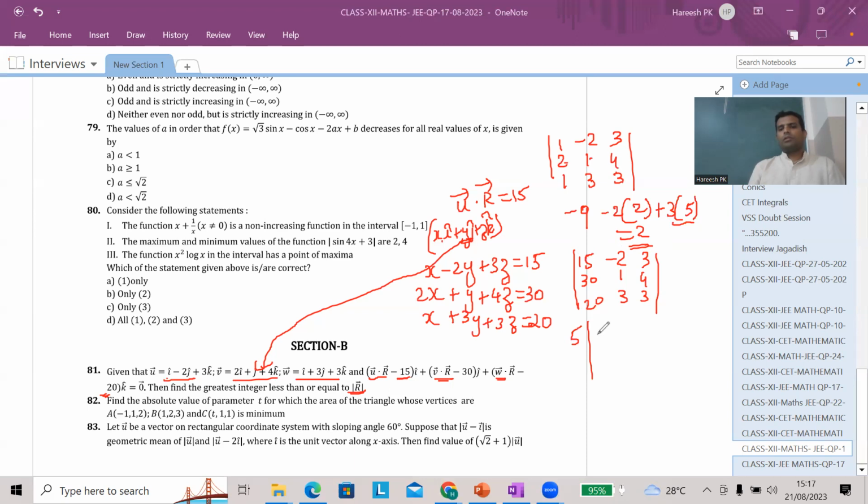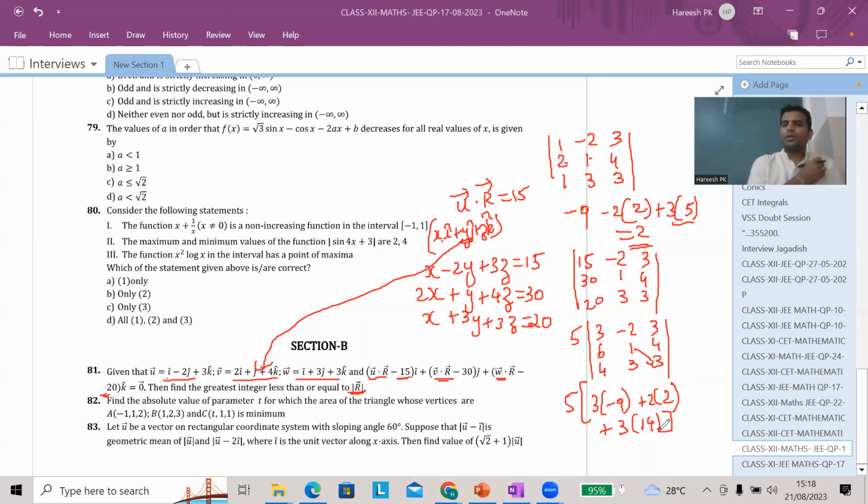So I'll be left with 3, 6, 4, minus 2, 1, 3, 3, 4, 3. So then I'll end up getting 5 into 3 times minus 9, then plus 2 into 18 minus 16, which is 2, plus 3 into 14.